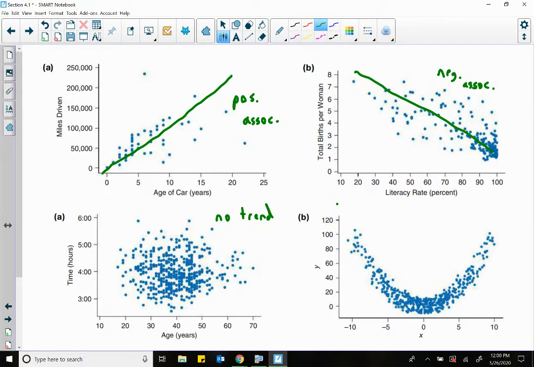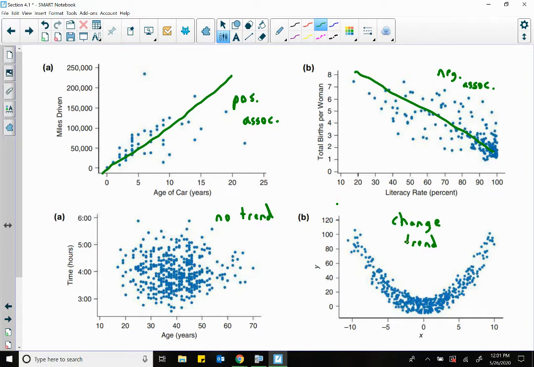And you're like, yeah, there's no rhyme or reason for it. Okay, then over here, this is what we call a changing trend. But again, we don't really like this. We want our trends to either be positive associations or negative associations. This is what we call a changing trend.